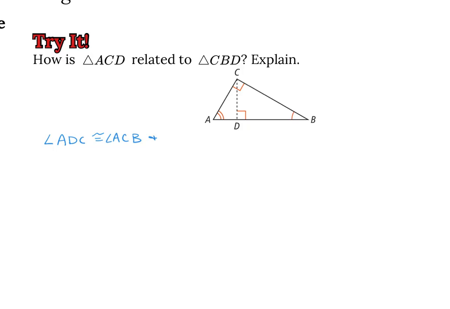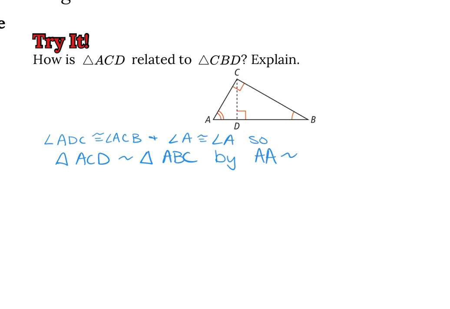And we know that angle A is congruent to angle A because they're both the same angle. So triangle ACD is similar to triangle ABC by angle-angle similarity.